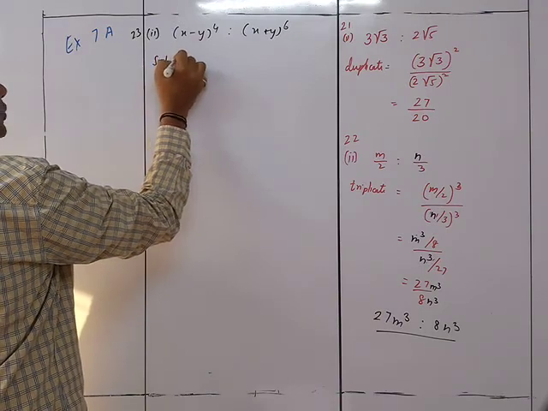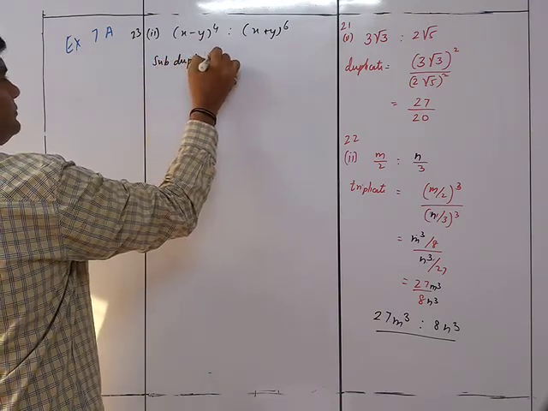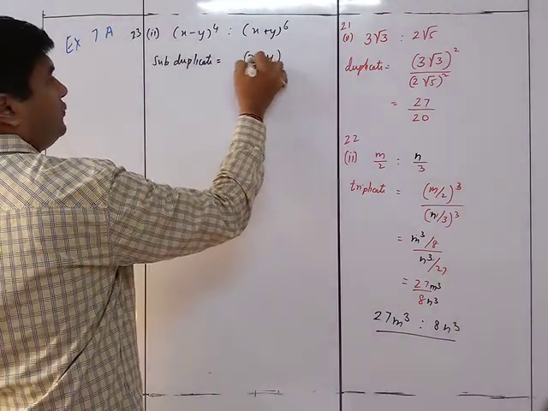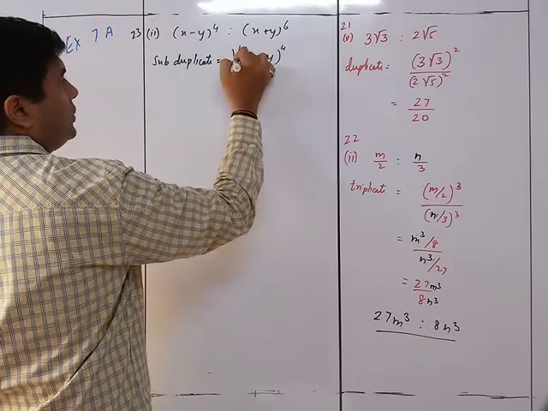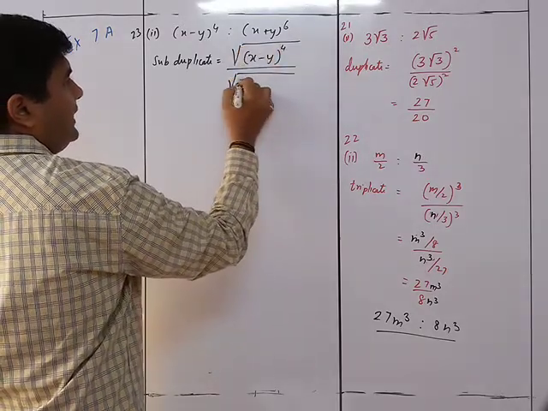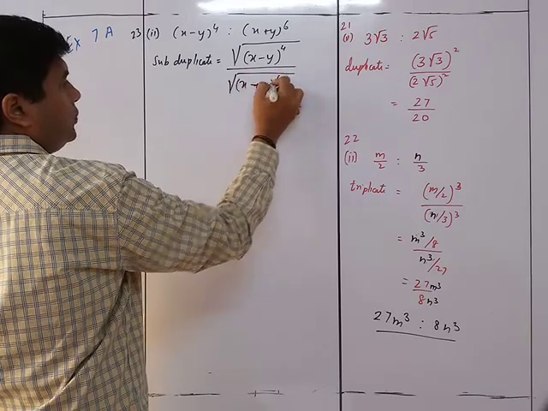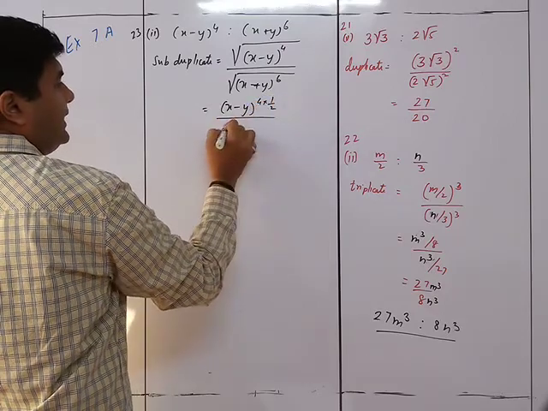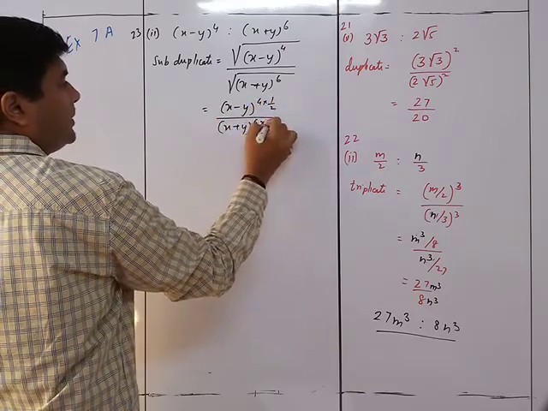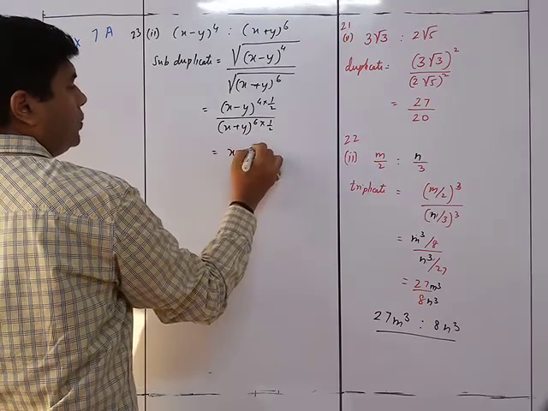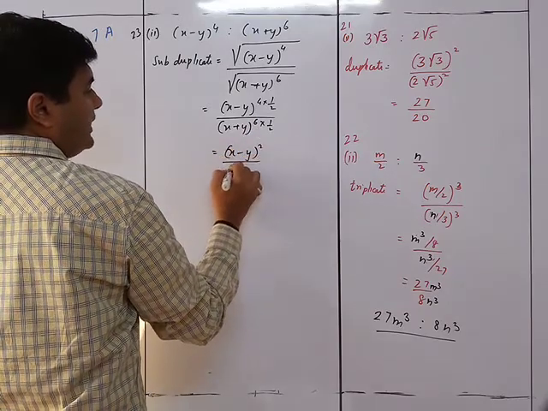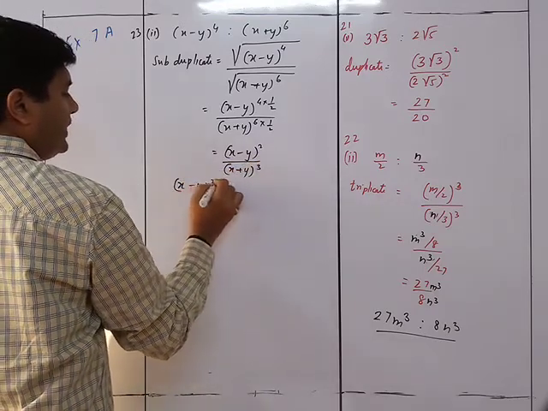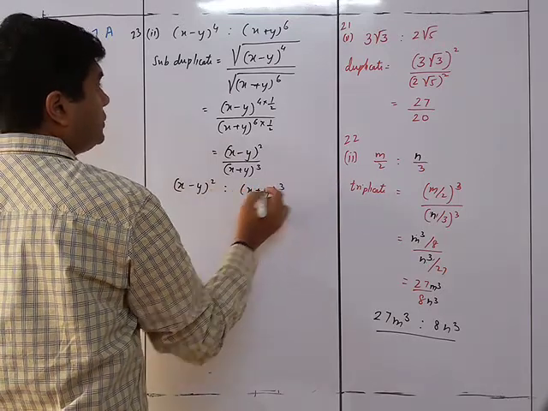So subduplicate is nothing but x minus y raised to 4 the whole root, and x plus y the whole raised to 6 root. So that will be x minus y the whole raised to 4 into 1 upon 2 and x plus y the whole raised to 6 into 1 upon 2. So x minus y the whole square upon x plus y the whole cube. So that's x minus y the whole square is to x plus y the whole cube.